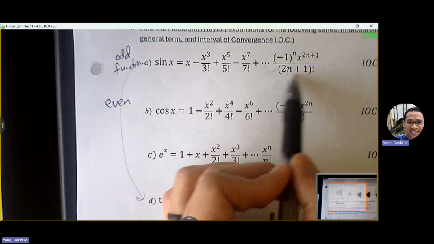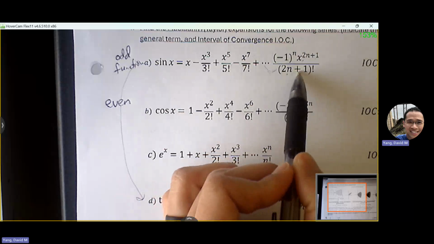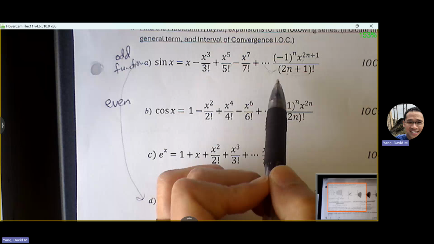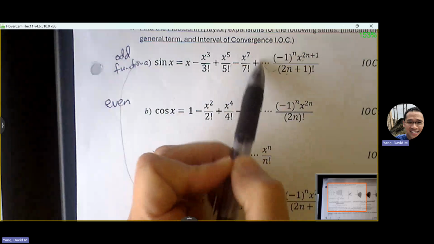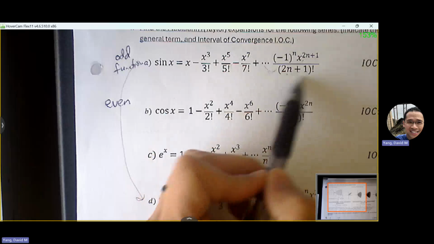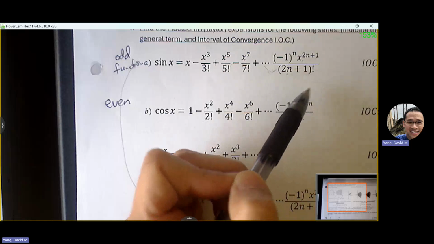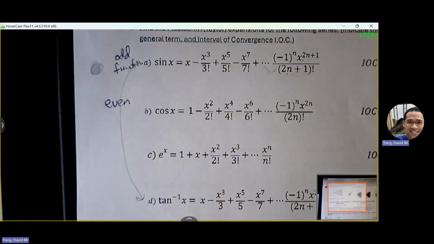But just to let you know, you could have different variations of the general term if you start at 0 or 1. Sometimes starting at 0 can create an easier looking version. Sometimes starting at 1 can create the easier looking version, but you don't have to specify whether you start at 1 or 0. You can just write out the form and the College Board will accept either one as long as you have a valid version.